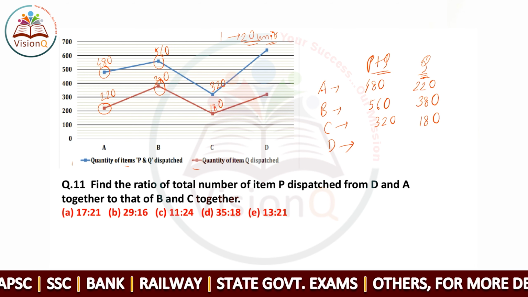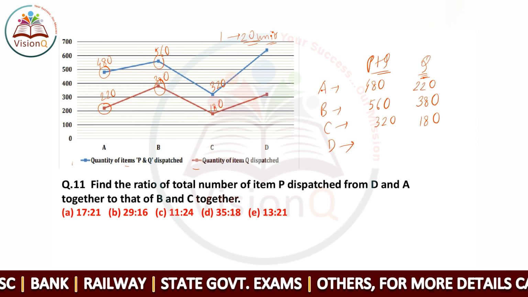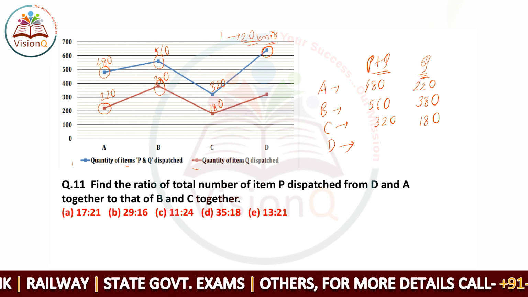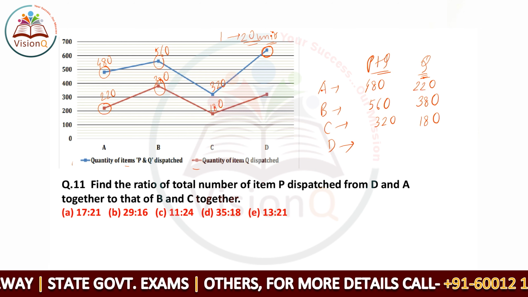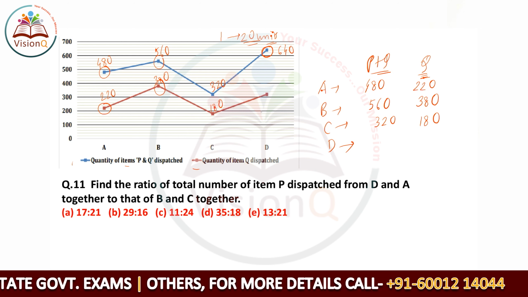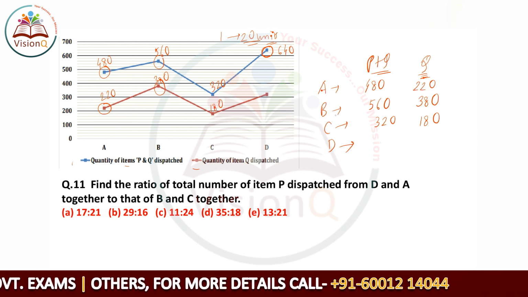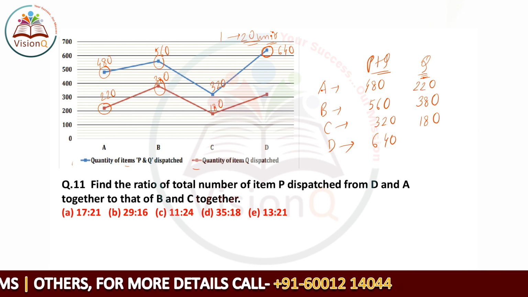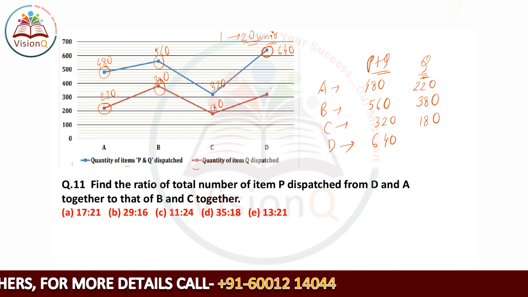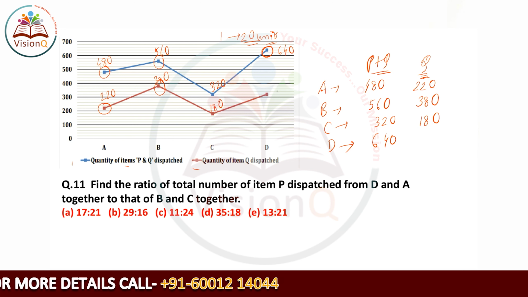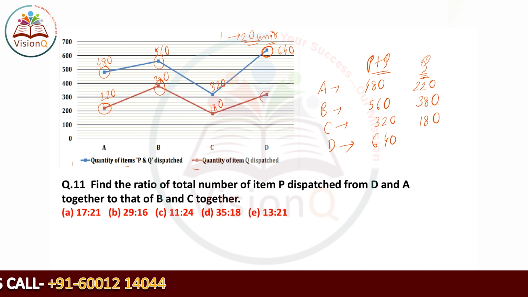Next is D. If I see for D, the P plus Q value is 640, because one gap is 20 units. And the Q value for D will be 320.